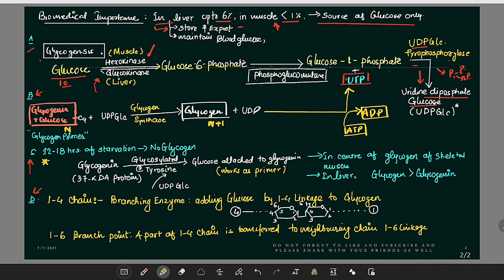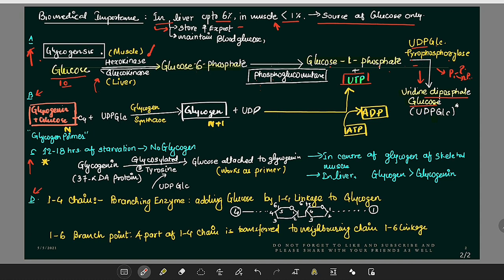Glucose 1 phosphate reacts with uridine triphosphate to form uridine diphosphate glucose in the presence of the enzyme UDP glucose pyrophosphorylase. Once synthesized, it works as a monomer for glycogen synthesis. Here step 1 has been completed.